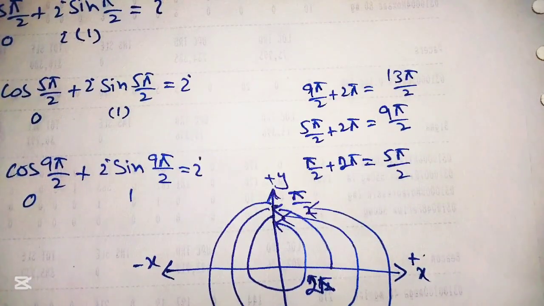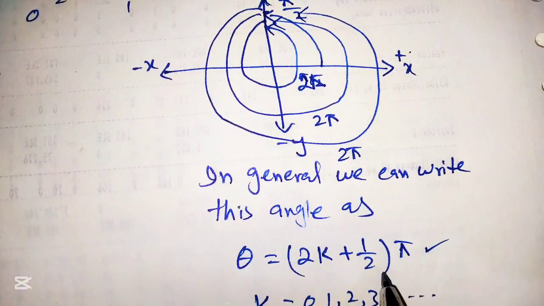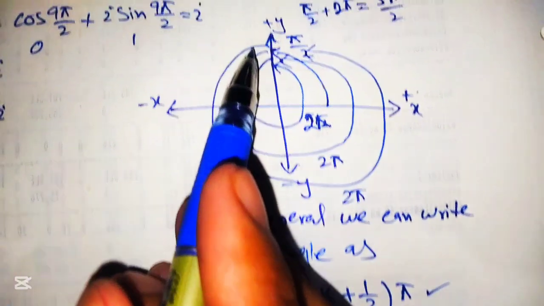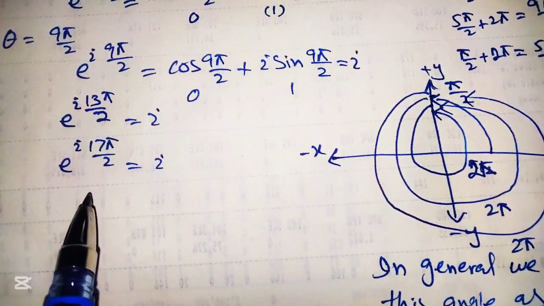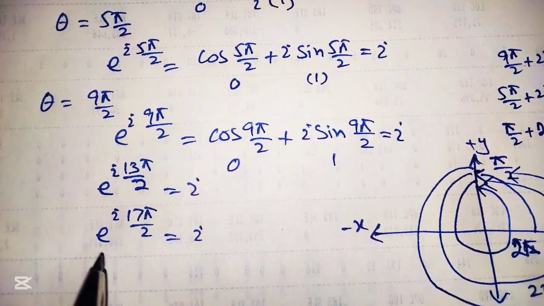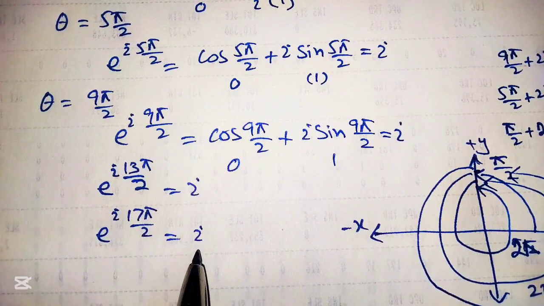So this is the general angle. This theta is the general angle for the positive x axis, sorry, positive y axis. From all these substitutions, we show that e raised to power iota into the angle on the positive y axis is equal to iota.